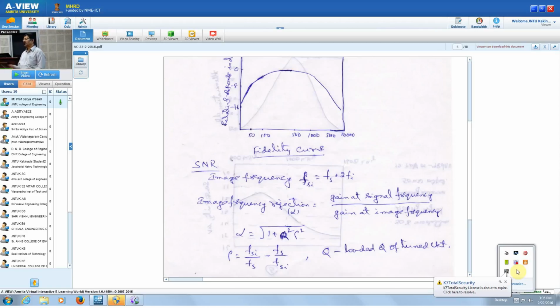And the Q that we have used in this expression. After the short wave frequency, this will be giving you a very low value.